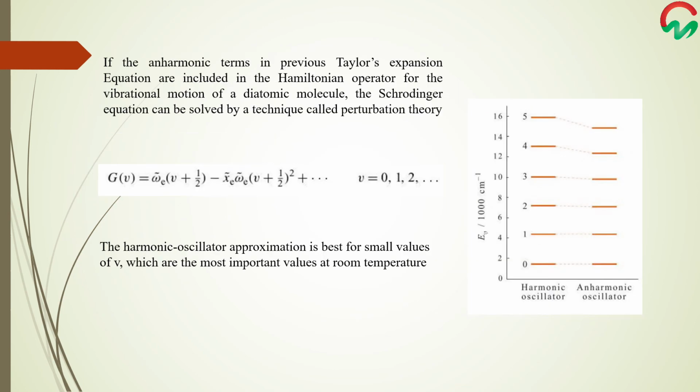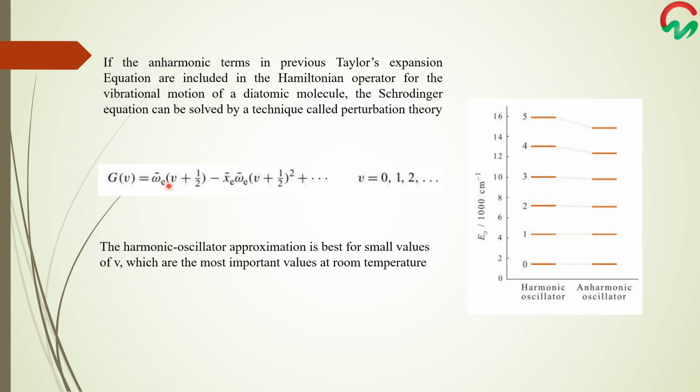If the anharmonic terms in the previous Taylor expansion are included in the Hamiltonian operator for the vibrational motion of the diatomic molecule, then the Schrödinger wave equation can be solved only by a technique called perturbation theory. And this Schrödinger wave equation, after applying perturbation theory, becomes as shown in this equation.